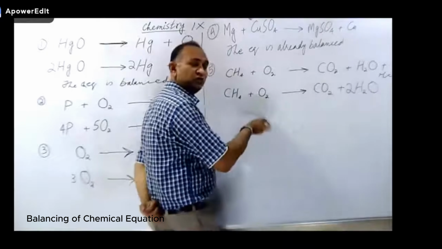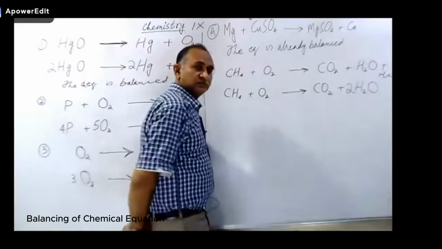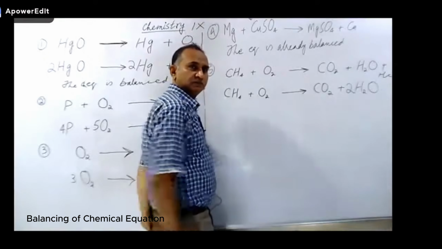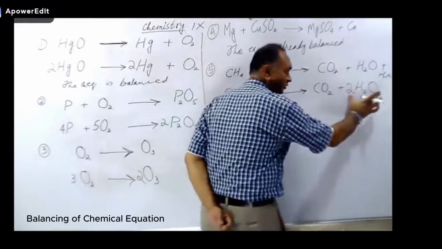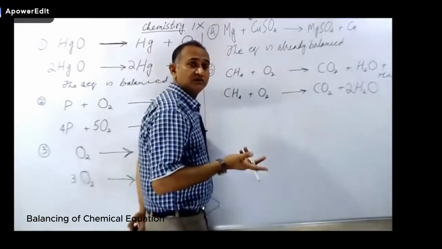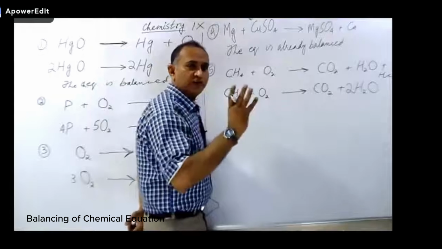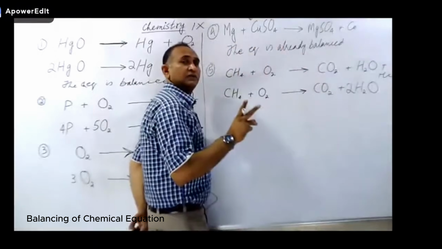Oxygen, how many oxygens do we have on the left side? 2. There, 2 oxygens. So on the right side, how many oxygens in all? 4 oxygens.